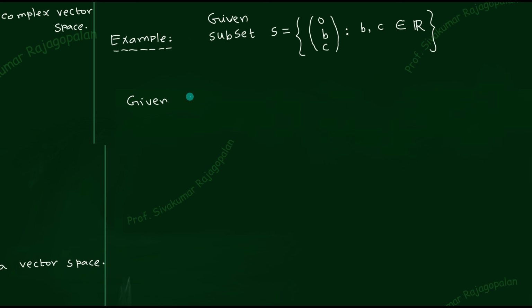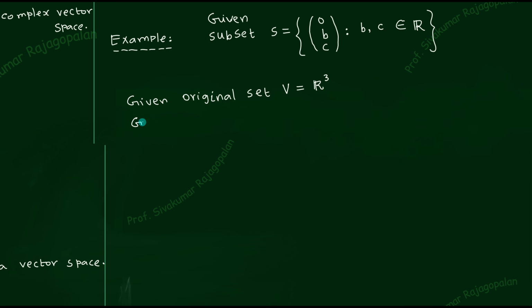Then where is the original vector space? It is also given that the original vector space is some symbol V. We will maintain the capital V for that. The given original vector space is capital V, which is nothing but R3.